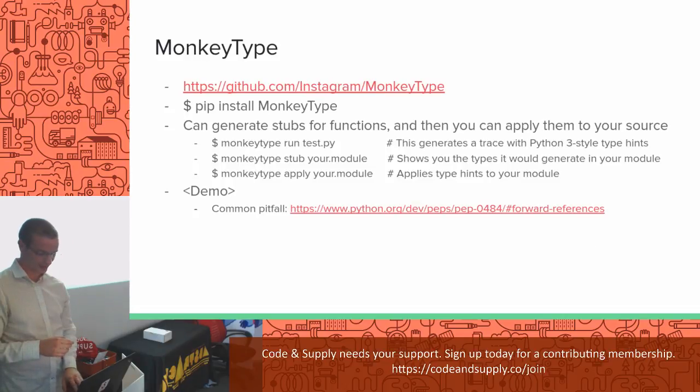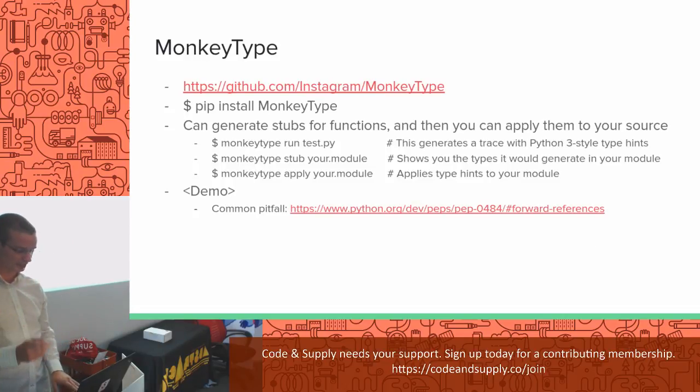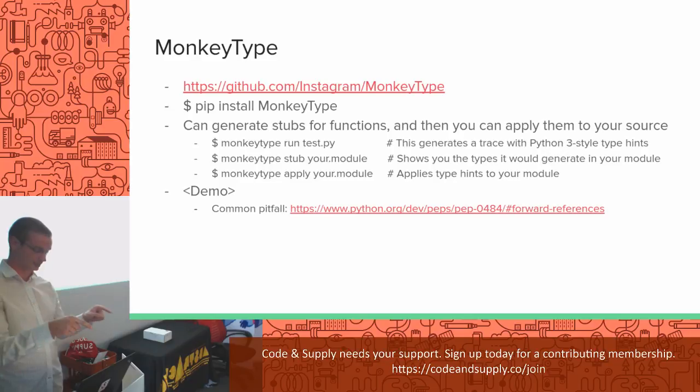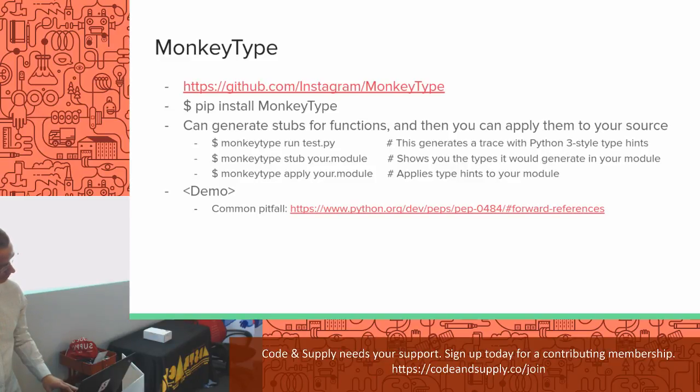So the one that we're going to actually talk about today is called MonkeyType, which is Instagram's tool and does generate Python 3 style type hints directly into your code. It's really cool. I'm going to show you a demo in a second. So when you say generate, what is it doing? Yes, good question. The name of this talk is static tooling, right?